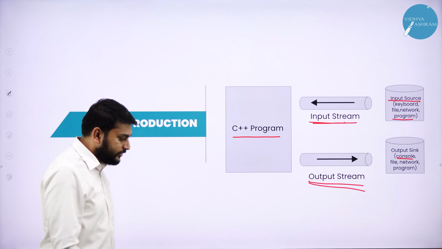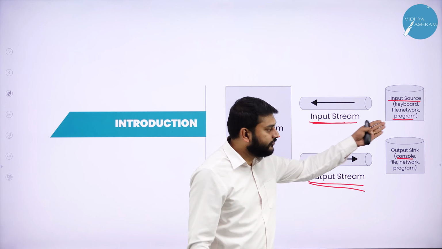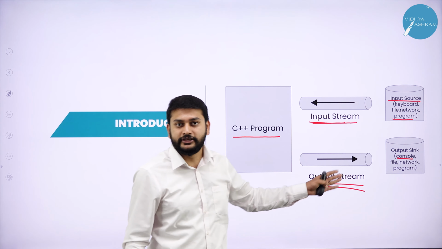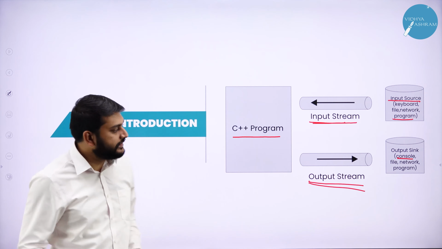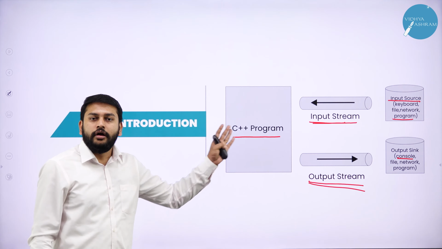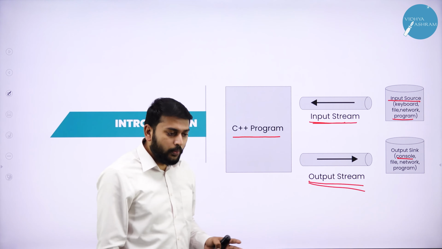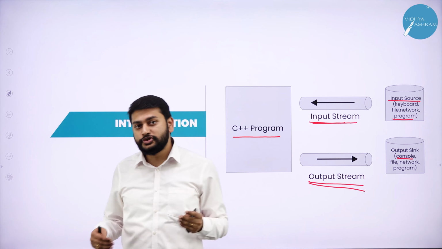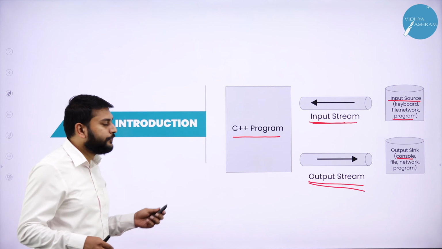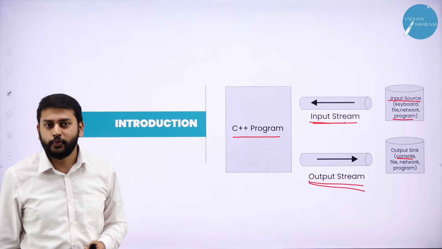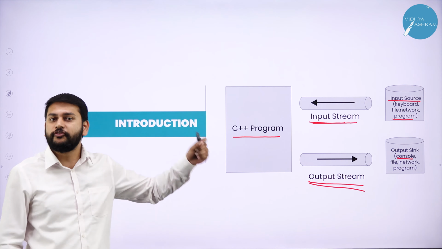From here I have the input, and from here I give the output to the different destinations. This is the concept of exactly how input streams and output streams work. So this is the brief introduction with respect to the flow of data.